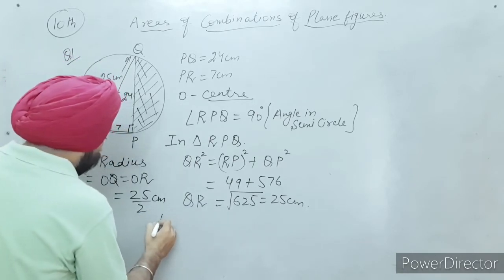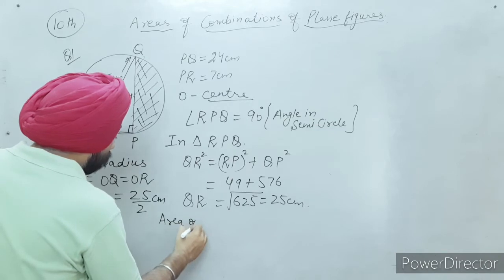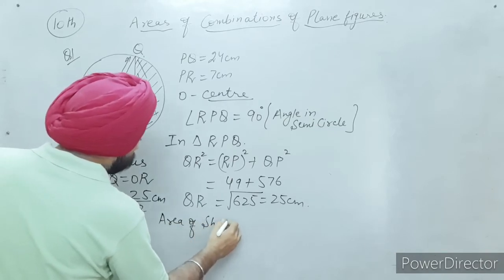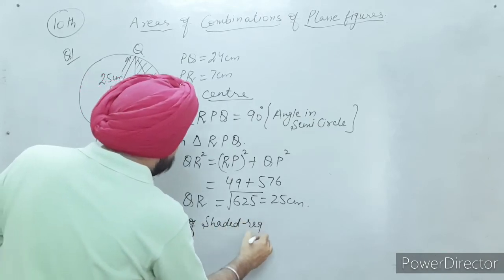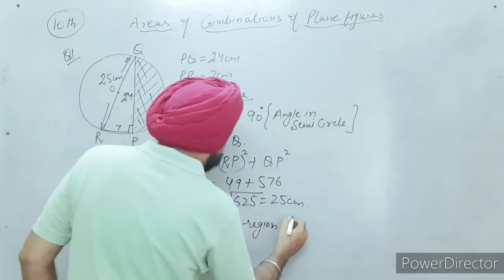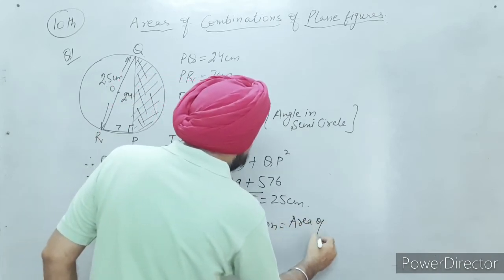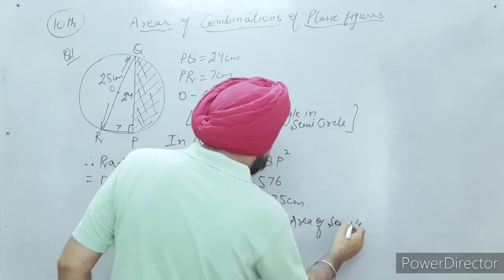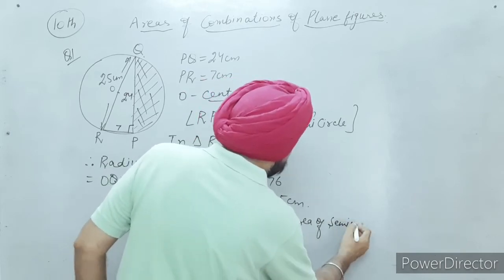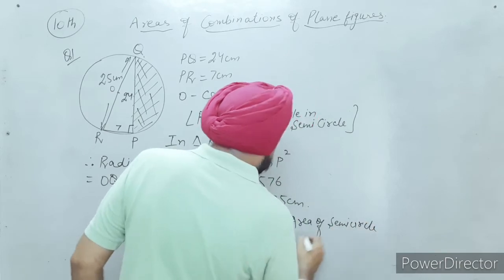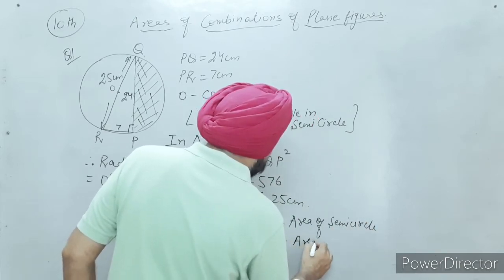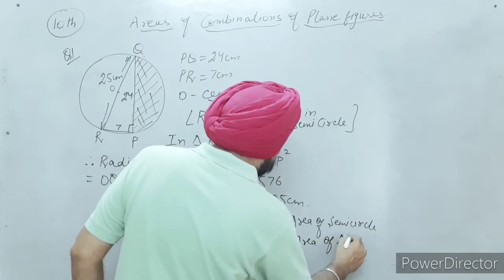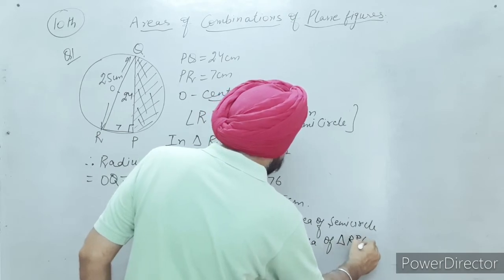So area of shaded region is equal to area of semicircle minus area of triangle RPQ.